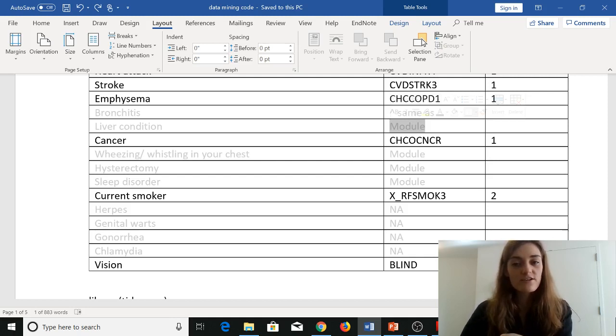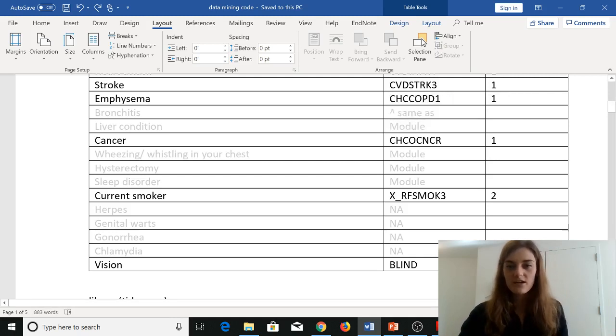So even though there are some BRFSS equivalents to the NHANES questions, they are module questions. And so if we decide to move forward with these variables, we'd have to apply a different sample weighting frame, which is getting kind of complicated. So I just stuck with the core questions. All right, so when you see module, that means there was an equivalent in BRFSS, but it was not a core question.